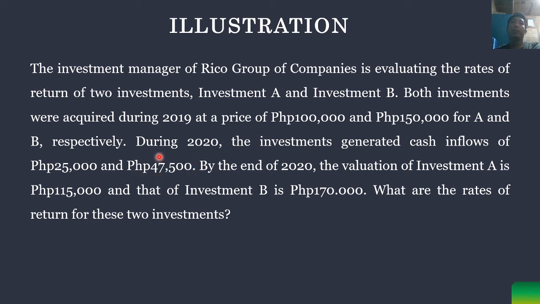Okay? So, ayan yung sinasabi ko kanina. Kung itong investment na to ay stocks, most likely dividends yan. Kung ito ay bonds, interest yan. And then, by the end of 2020, the valuation or the price of investment A is 115,000 and that of investment B is 170,000. What are the rates of return for these two investments?